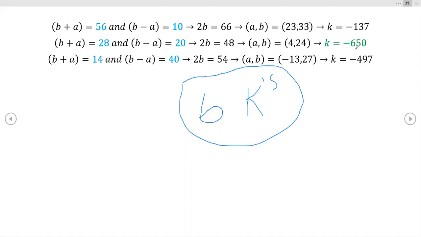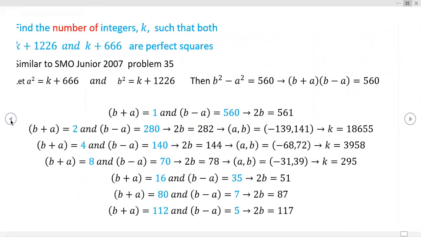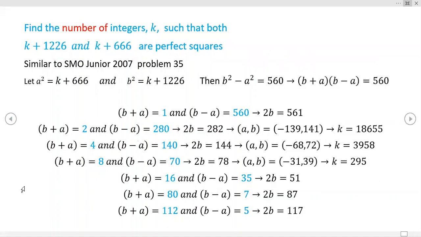Now listen, the smallest one happens to be minus 650. So let's go to the previous page here and check that out. So again, minus 650. Now notice right here, I'll just go ahead and write it out.